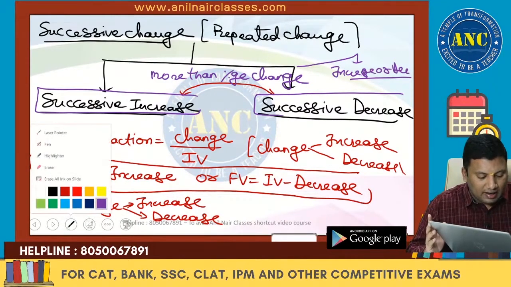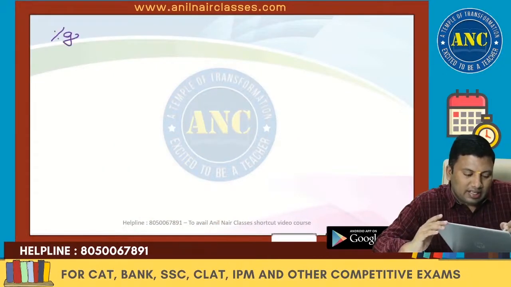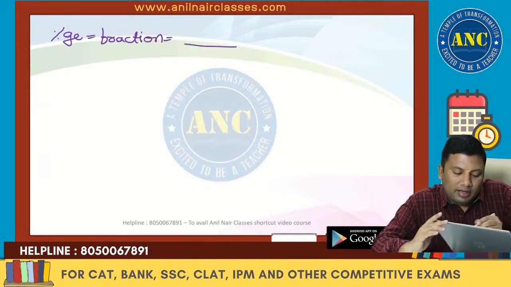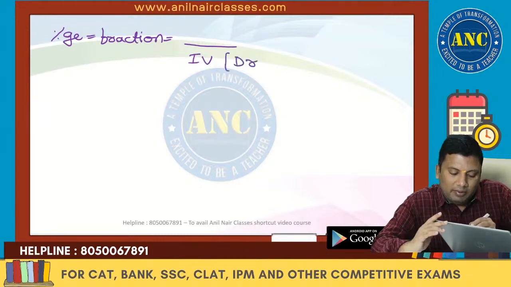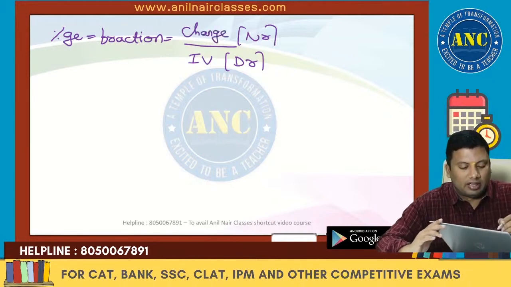Now see here, one by one we will go for it. Suppose there is a percentage, I will convert the percentage into a fraction. In the fraction, the denominator is nothing but the initial value. The numerator is nothing but the change.